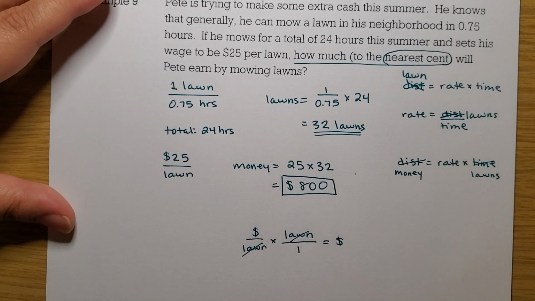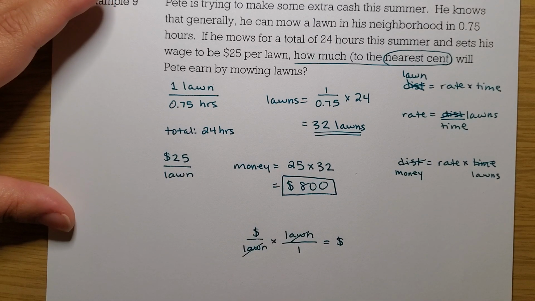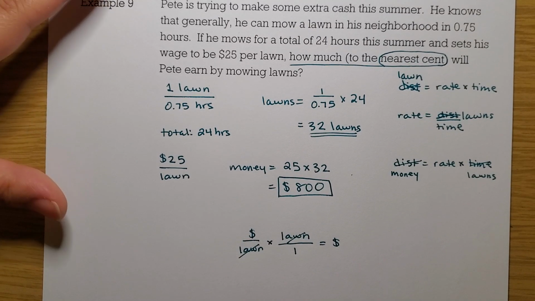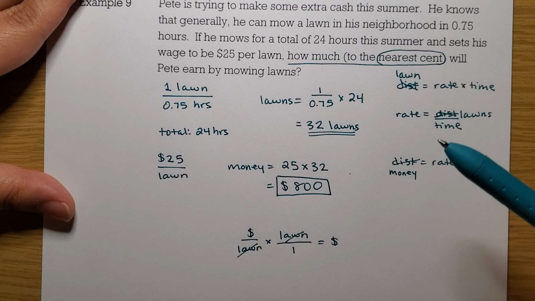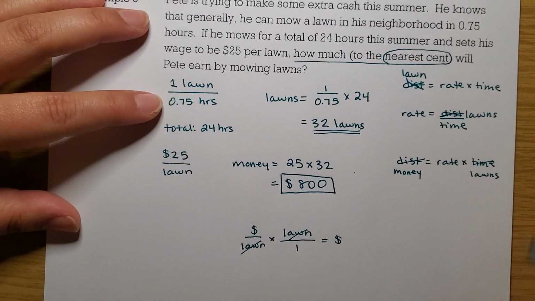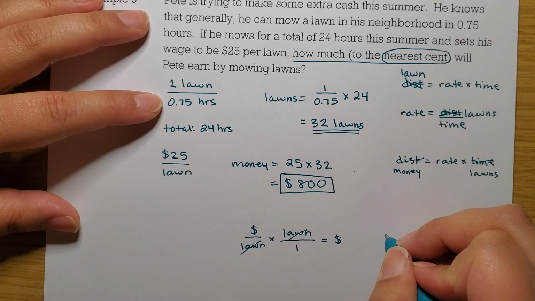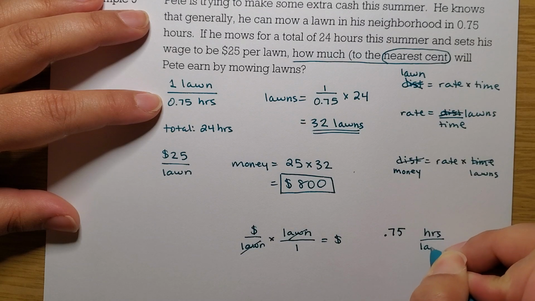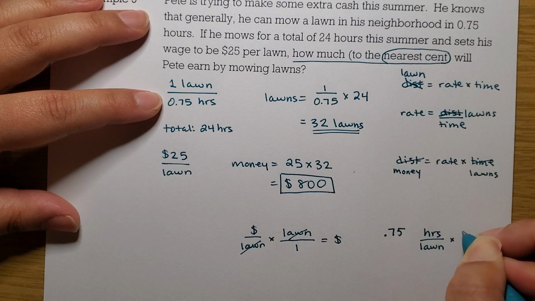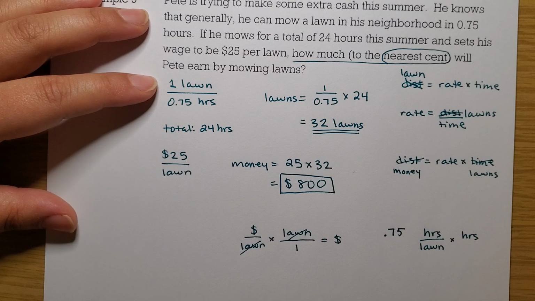So if you're ever wondering, can't I just multiply or can I just divide by this? Check to see if the units work. For example, if I wanted to know, can't I just multiply 0.75 by 24? That 0.75 was hours per lawn, and the 24 is hours.